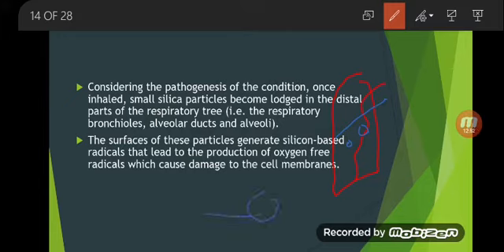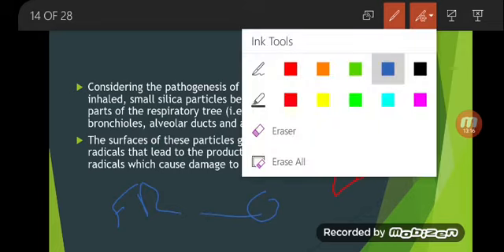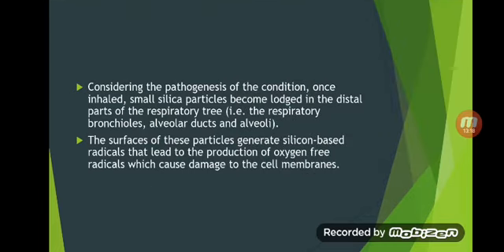So what will the generation of free radicals do? It will harm the cell membrane and cause damage to the alveoli and the respiratory bronchioles. So when the alveoli, respiratory bronchioles, and alveolar ducts are damaged, then what is going to happen? Inflammation and fibrosis. Laying down of collagen fibers and fibrosis, and this leads to restrictive lung disease, interstitial restrictive lung disease.